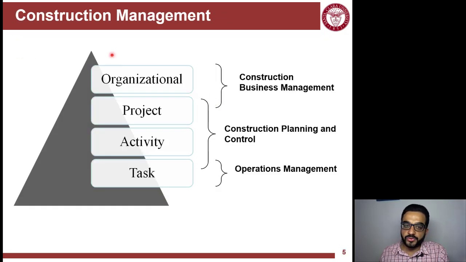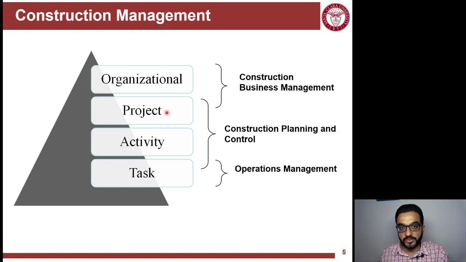When we think about construction management, it's applied at different levels in the business. We're talking here about the organizational level. You have the business management, which also covers how the projects are managed strategically. But then construction planning and control handles the project and activity level.